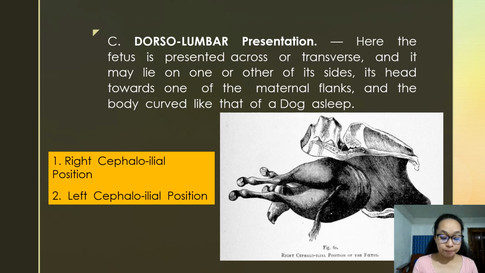Under this, there are also positions like the right cephaloiliac position, which is the fetus on the right side, which rests more or less directly on the abdominal walls of the mother. The second one is the left cephaloiliac position. This is just the reverse of the right cephaloiliac. Sa left side naman siya.